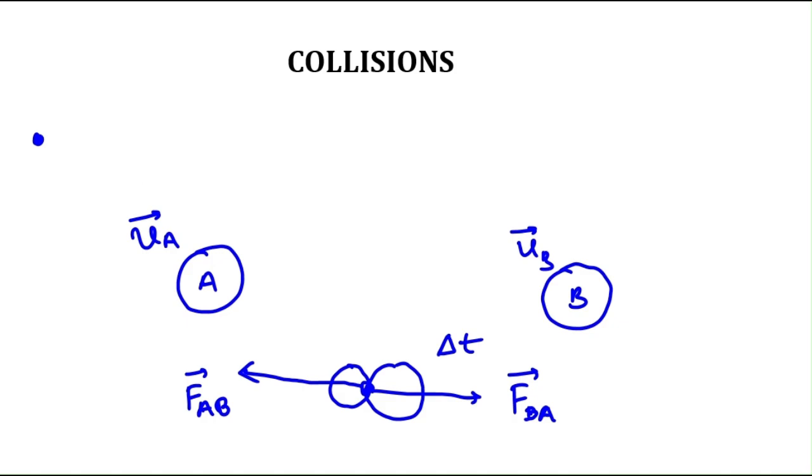Now, as we know, these two forces are equal and opposite, equal in magnitude and opposite in direction. So we can write FAB equals minus FBA. And now, what if we try to get the effect on their momenta? The change in momentum of body A per unit time, delta PA divided by delta t, should be equal to the force on body A due to B, FAB.